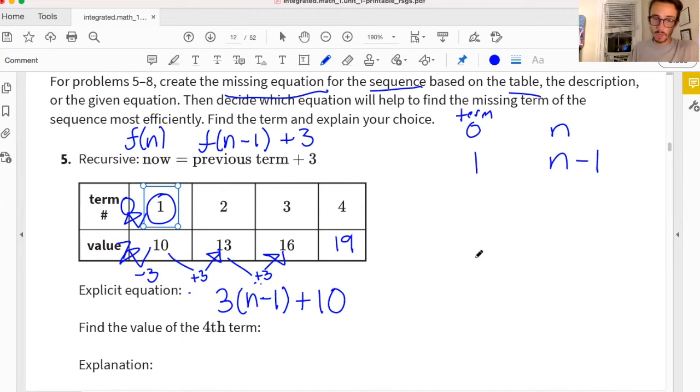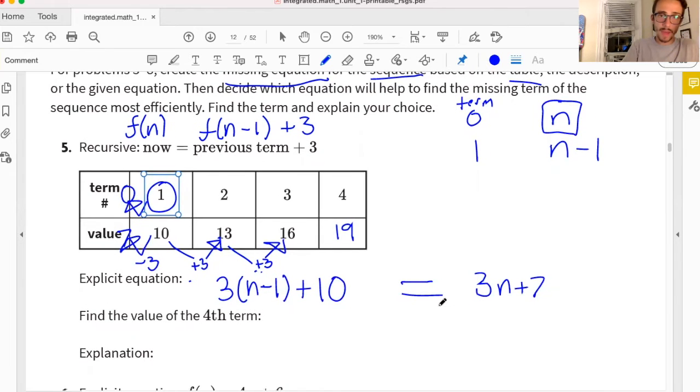No matter what, we have 7. And we still have n because we're talking about the term if we were working from the 0 term outwards. Notice if we work from the first term outwards, it's a little different, but we still give respect to the fact that our change is adding 3. So these are equal: two ways to talk about this pattern.